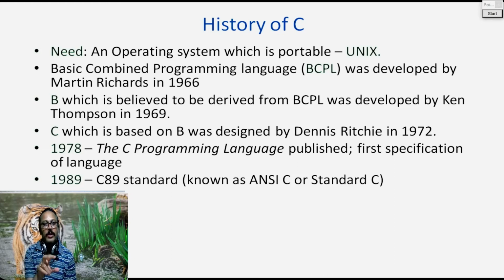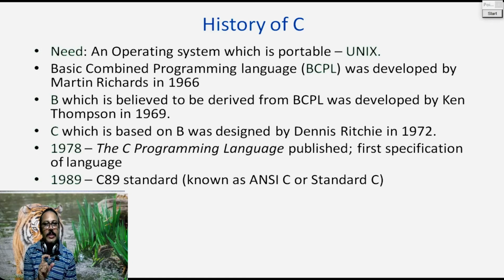I want to write an operating system which works on this computer and also on other computers. That means I require an operating system which is portable, moved from one computer to another. That can be achieved only using a high-level programming language. So at that time, they chose to develop their own language called C.